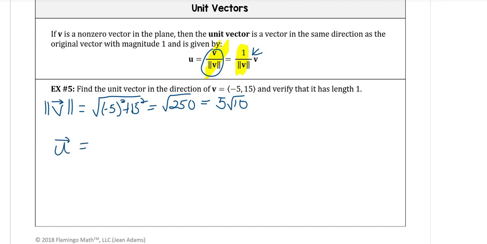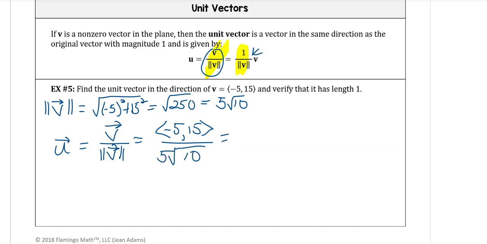It's going to equal v over the magnitude of v. So that's going to be <-5, 15> in component form, and that's going to be divided by 5 times the square root of 10.